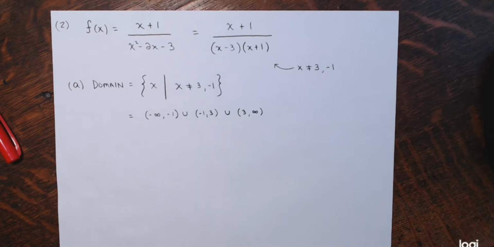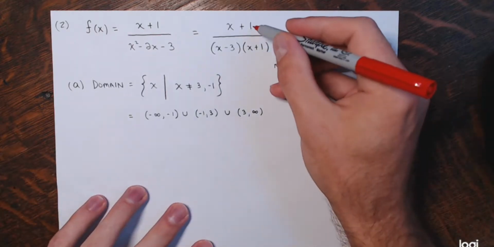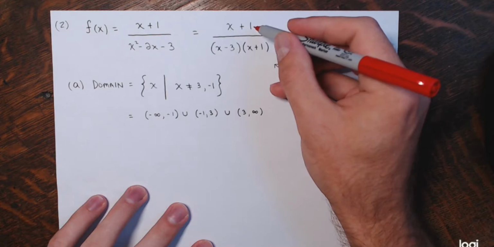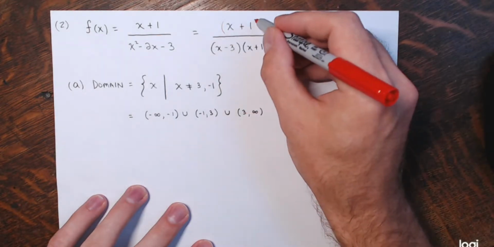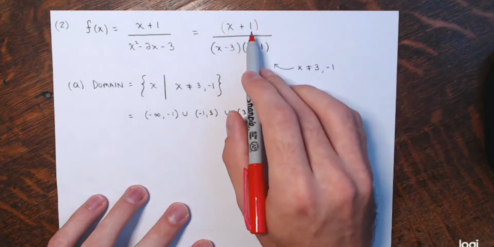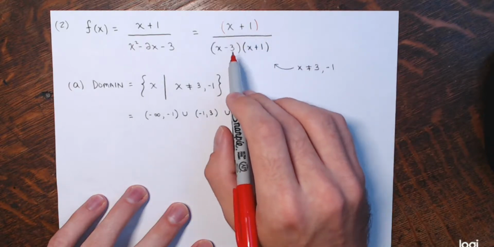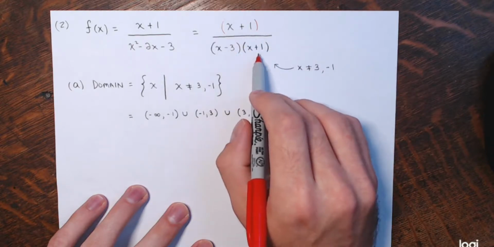Now, one thing you may notice is that the numerator has a factor of x plus 1. It's already totally factored, because I didn't need to do anything to it. The denominator has a factor of x plus 1.